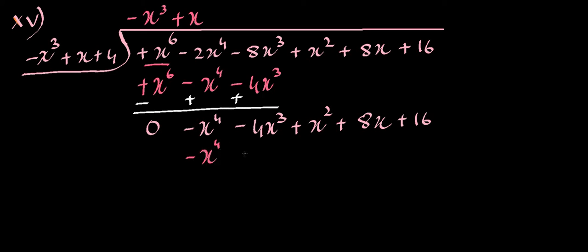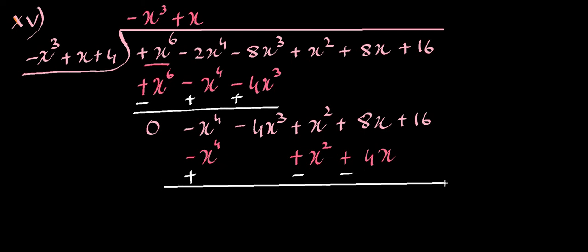X multiplied by x will give me plus x square. Now see, it's required over here. X multiplied by 4 will give you plus 4x. Let's go with the subtraction, change of signs, plus, minus, minus. And the subtraction, here we do.